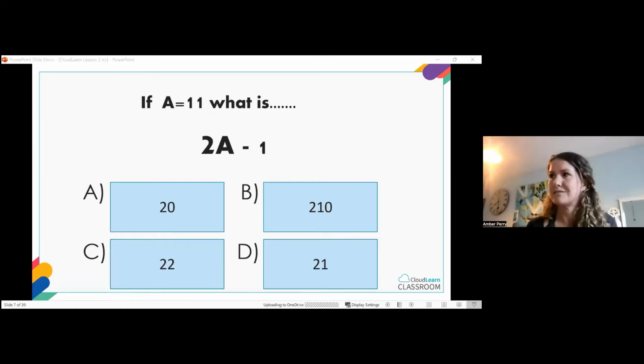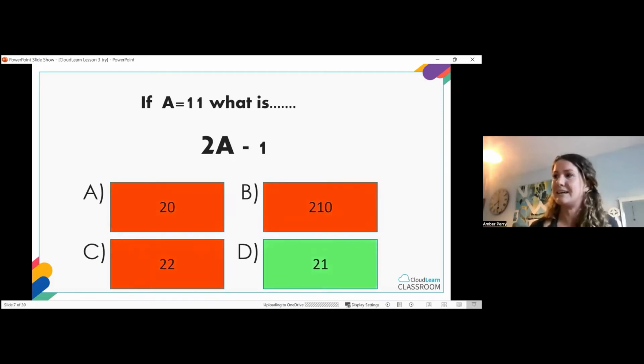Great, really quick answers coming in. Brilliant. Okay, so we have got 75% correct answer on this one. The correct answer here, 2 times A, 2 times 11 is 22. Subtract the 1 there is 21. So the correct answer is D here.